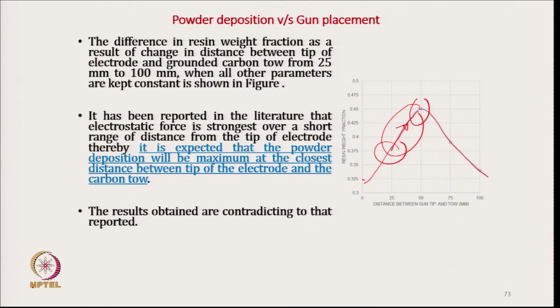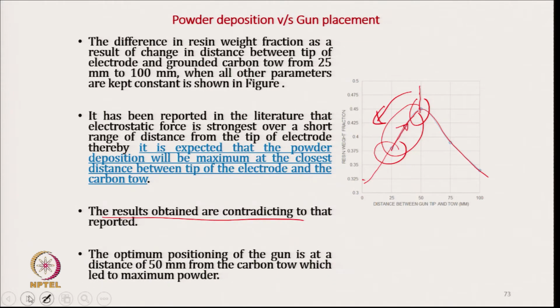But what we have observed is that if we reduce the distance from 50 mm, the deposition gradually reduces, and that is why we have got a contradictory result. The optimum value we have got is 50 mm.